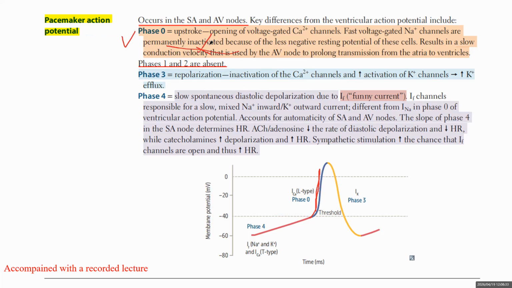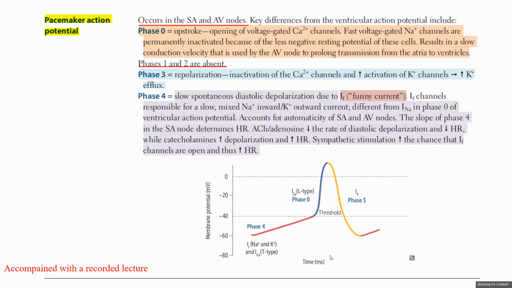The slow AV nodal conduction allows a delay between the atrial contraction and the ventricular contraction. This delay is physiologically useful because it gives the ventricles time to fill before they contract. So the slower action potential upstroke in the AV node contributes to the important AV nodal delay, so that the atria and the ventricles get some time to fill up. That's why it has been written over here: results in slow conductivity.